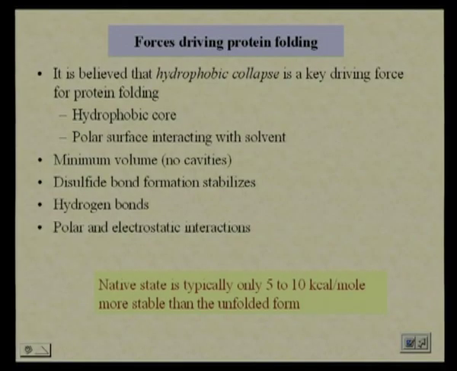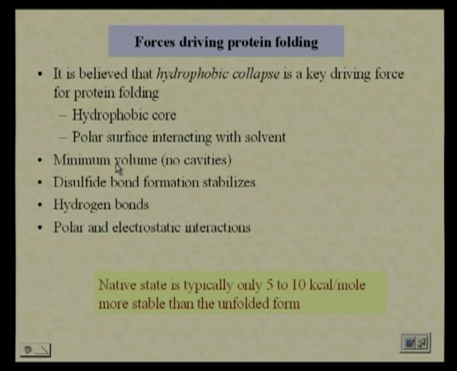So, initially you are going to have a collapse, the polar surface is going to interact with the solvent, and we are going to have gradual formation of the alpha helices. There may be another case where the alpha helices are formed first. So, there would be local interactions first, followed by gradual collapsing of the overall structure.